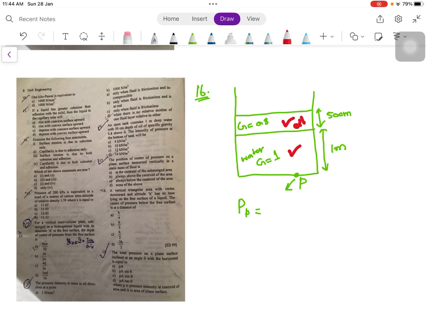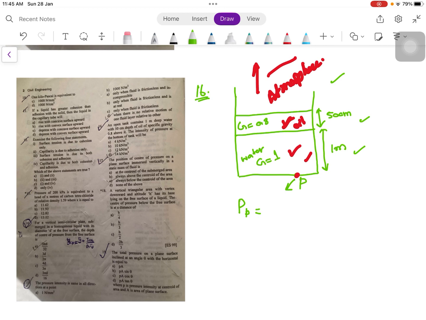This is an oil. We have a layer of oil, we have a layer of water, and we have a layer of atmosphere. And there is nothing about the atmosphere that is given in this question. All right, so in order to find the pressure intensity at this point, we have to take the effect of these three layers above the point P.